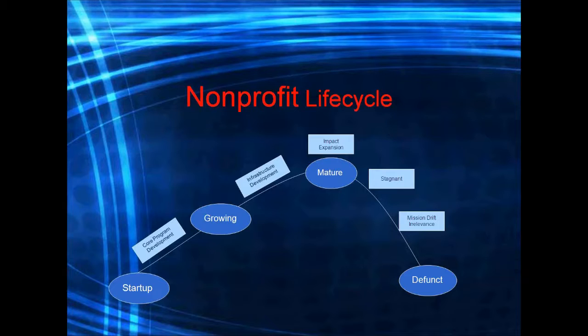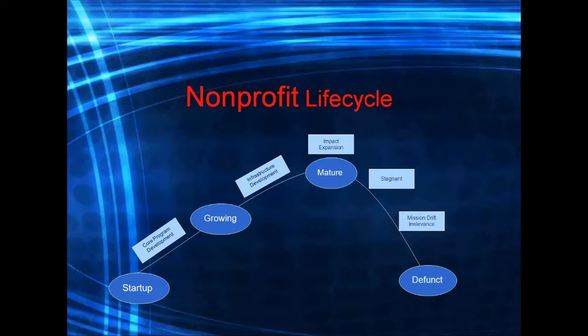Between the growth stage and the maturity stage, the agency will focus on developing their infrastructure. At the point that the agency hits the maturity stage, they'll try to expand their impact. Once they've expanded their impact, the agency typically will fall into a stagnant mode.